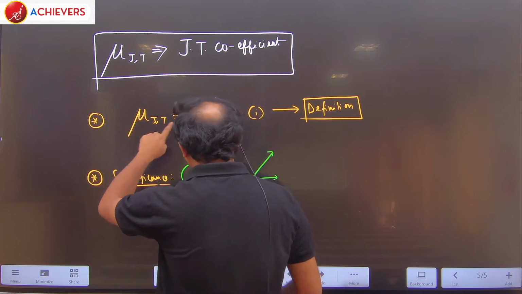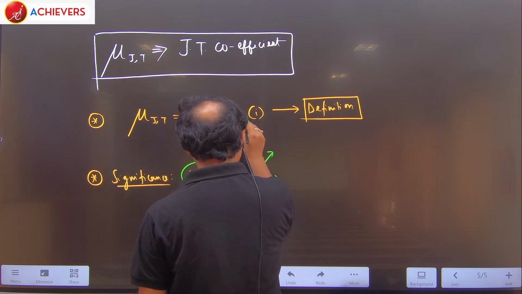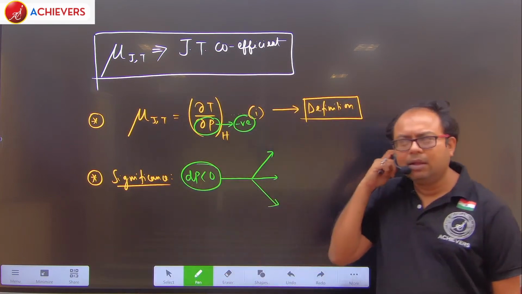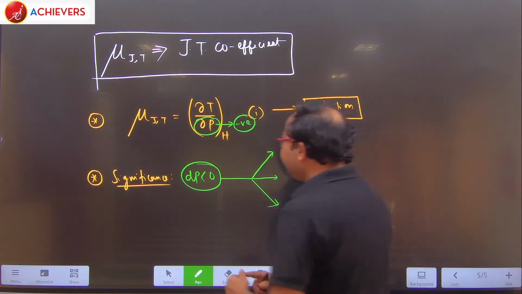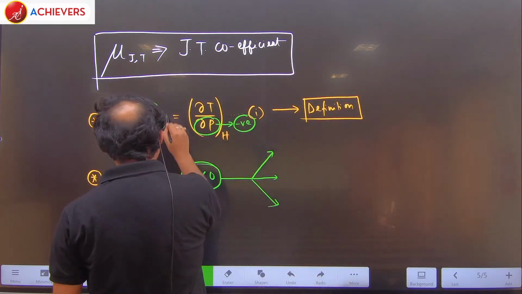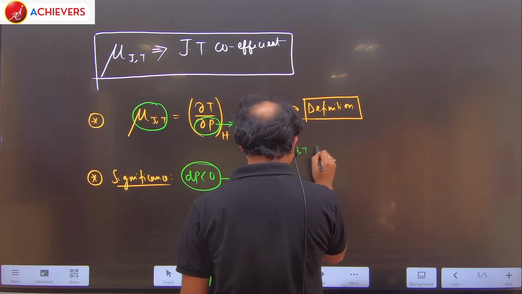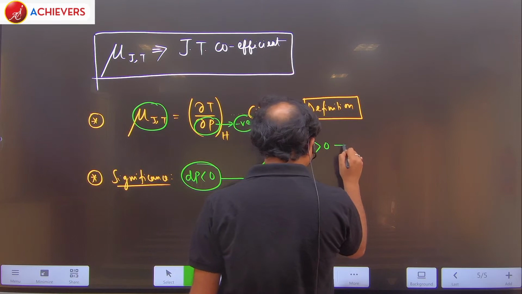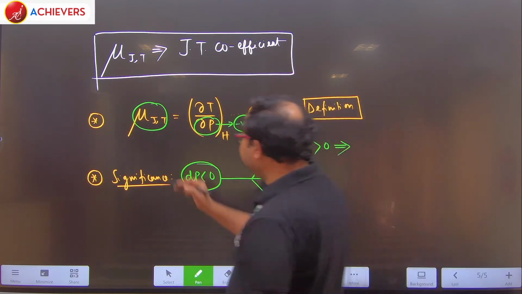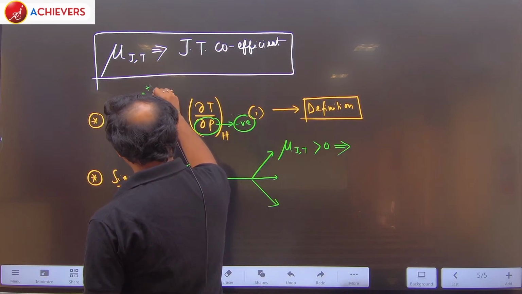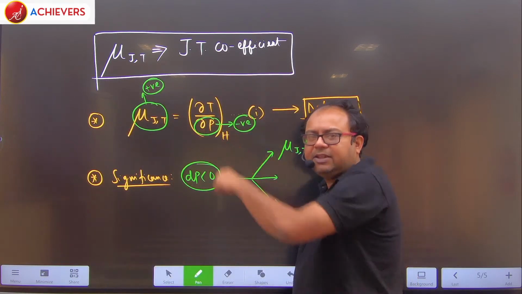Now, we know that this particular parameter is negative. If mu JT is positive, then what is going to happen? Something by negative is positive.